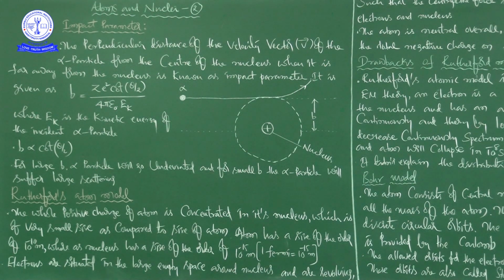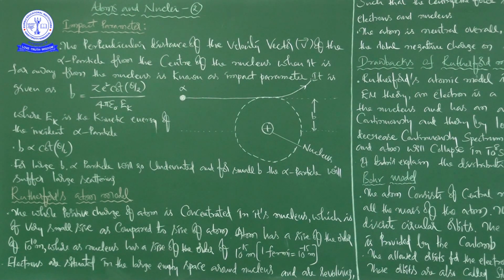When it gets 180 degrees deflection, the impact parameter will become 0. That is why he mentioned one point here that we have to keep in mind when we think about the impact parameter.